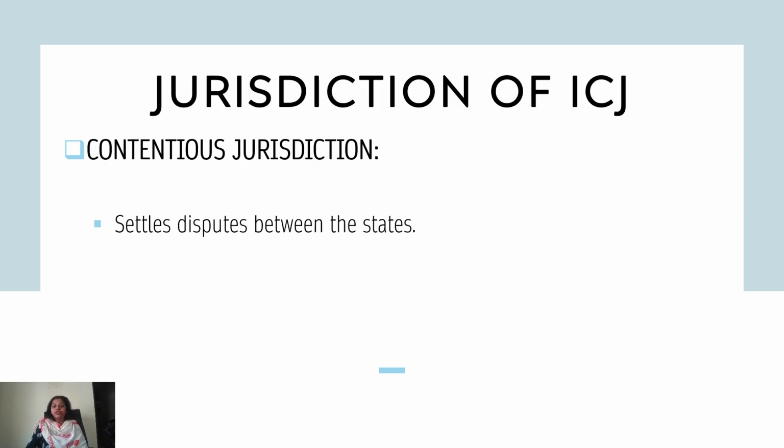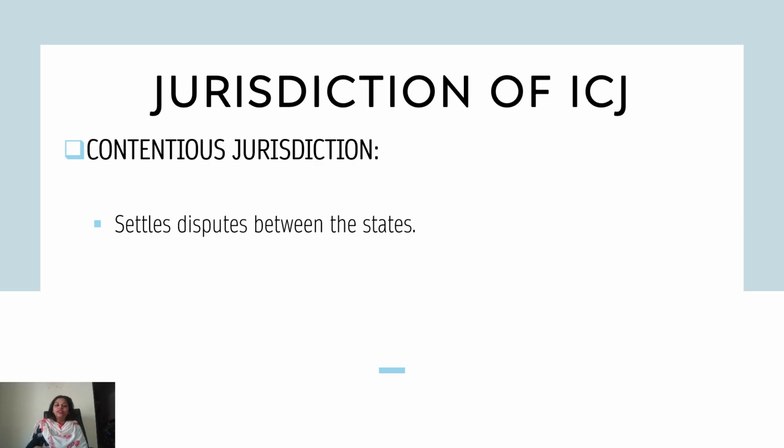It's important to note here that the two or more states which are involved, all the states which are disputants, which are the parties to the dispute, must submit to the jurisdiction of the International Court of Justice. Submit to the jurisdiction means that they must consent to the jurisdiction of ICJ.